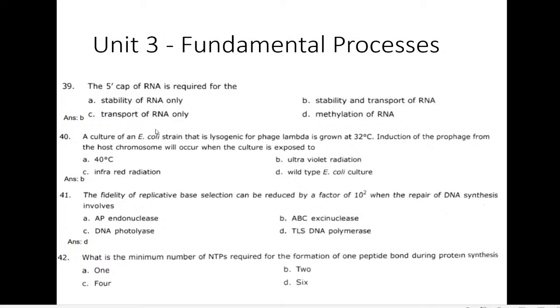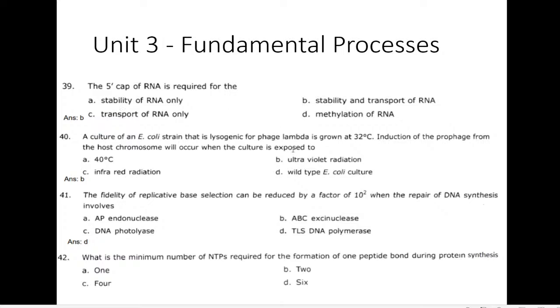Sorry, three nucleotides help to form one amino acid, as we all know. So three nucleotides are helpful to form one amino acid. These amino acids have internally specific peptide bonds.